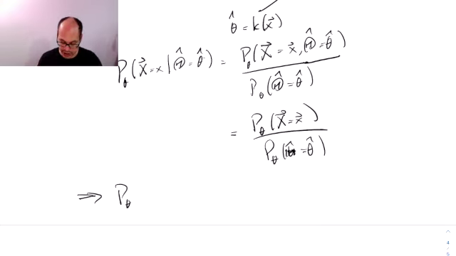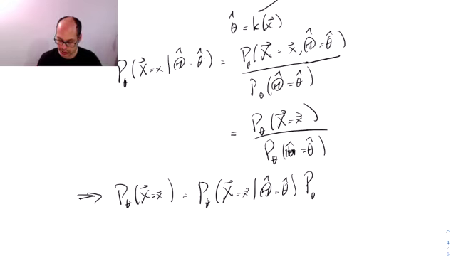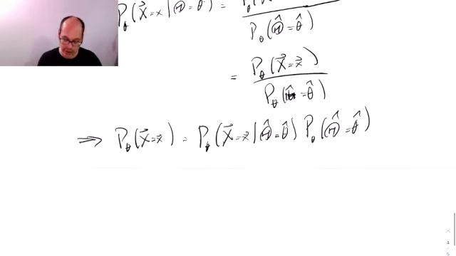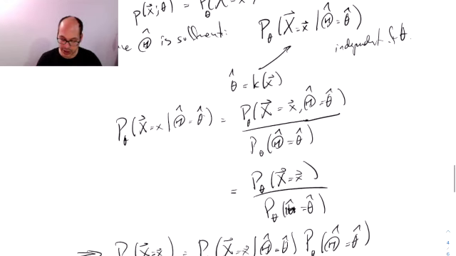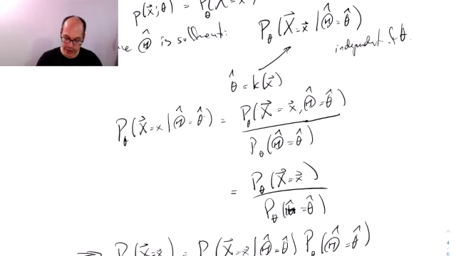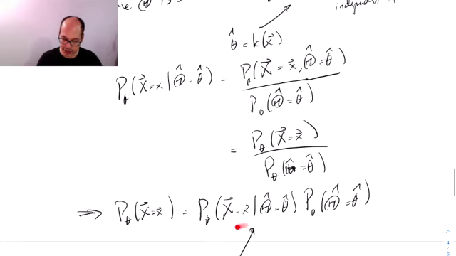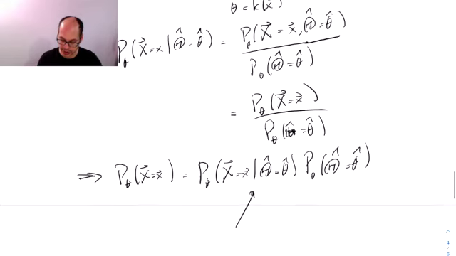That tells us that the probability that X equals little x is the conditional probability times the probability that capital theta hat equals little theta hat. And what do we find? Because of our assumption on sufficiency, this expression right here is independent of theta.